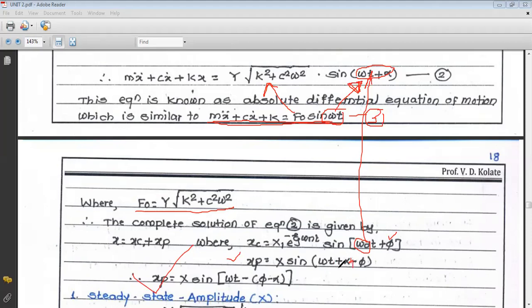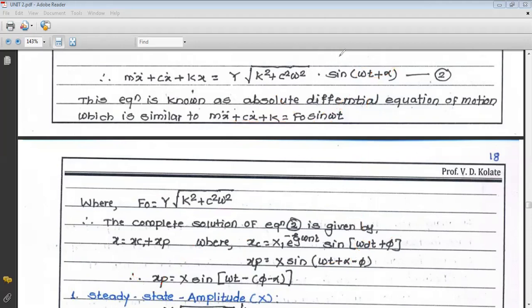This xp term is x. I will explain separately.